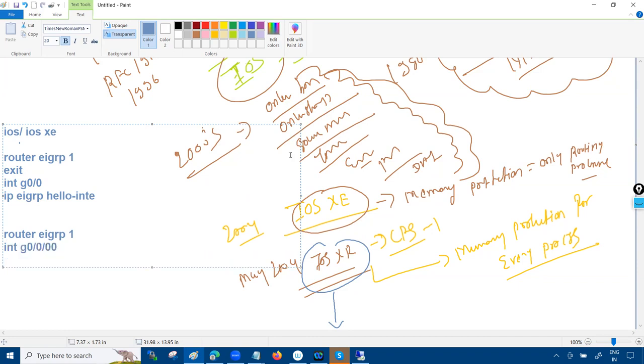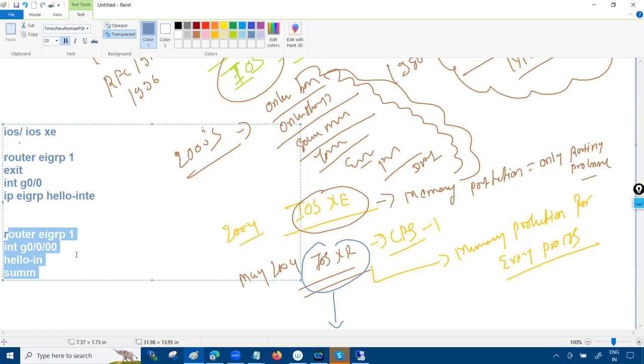If you're going to change the hello time, you change the hello time. If you're going to do summarization, you can do the summarization over there. So you don't need to change the modes. Can you see that? I was changing the mode, exit, then coming into this mode. Over here, we do not change the mode. So it is giving you 100% hierarchy, which is not possible in IOS and IOS XE.